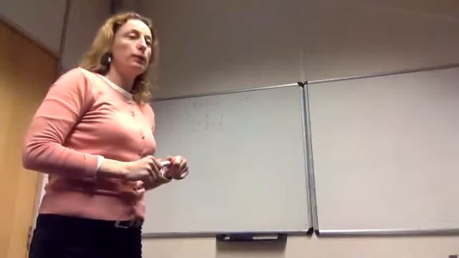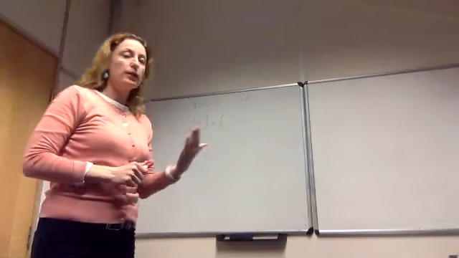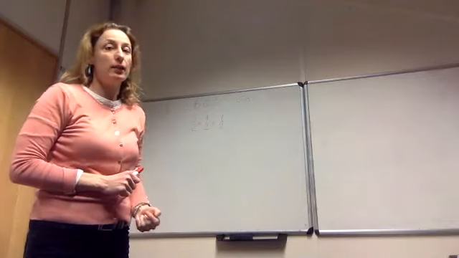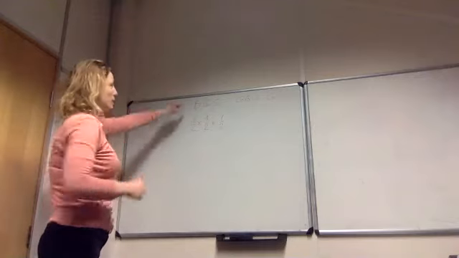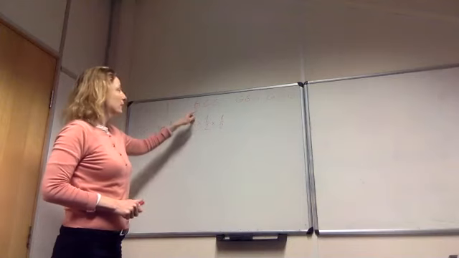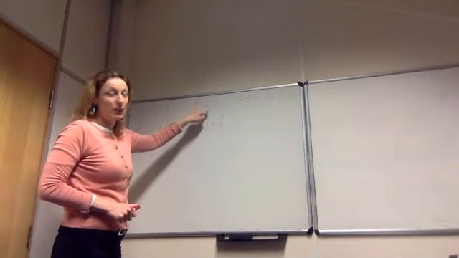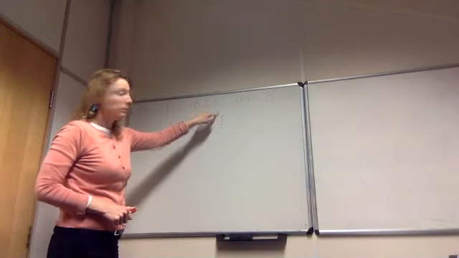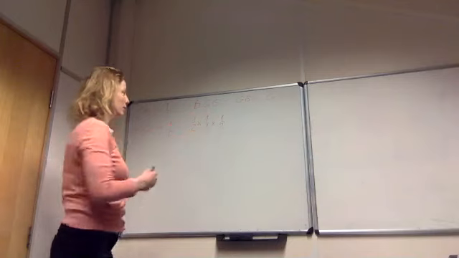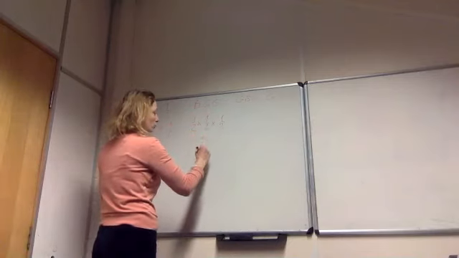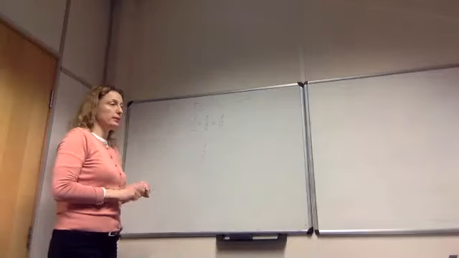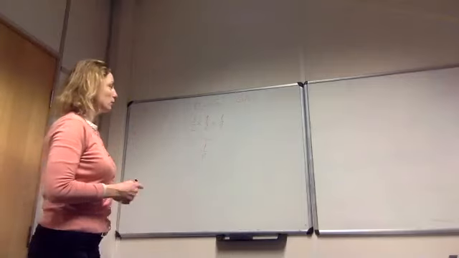No, because the probability that a boy is born is a half, and the probability that a girl is born is a half as well. That is, for each, the probability is half, half, half. And this is, first is a boy, and the second is a girl, and the third is a girl. Means we need to multiply. So it is half times half times half. That is 1/8. 1/8 is the probability of this scenario.